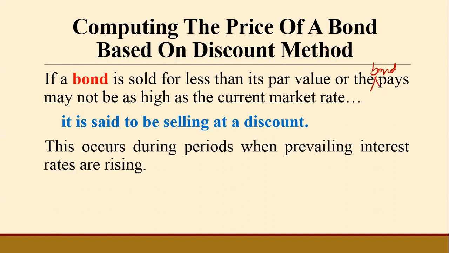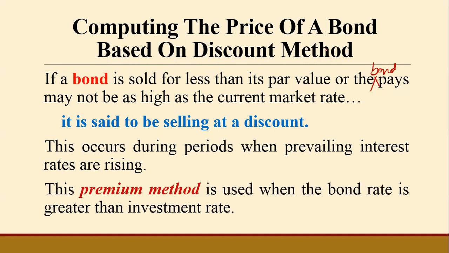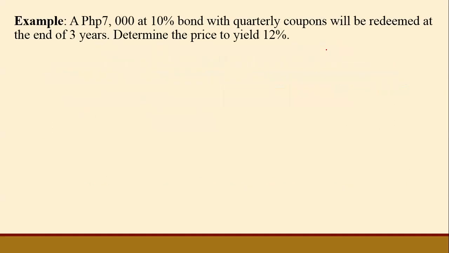So this occurs during periods when prevailing interest rates are rising. So this method is used when the bond rate is greater than investment rate. Okay, let's have an example.